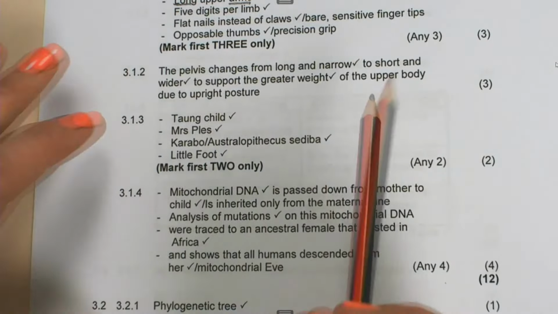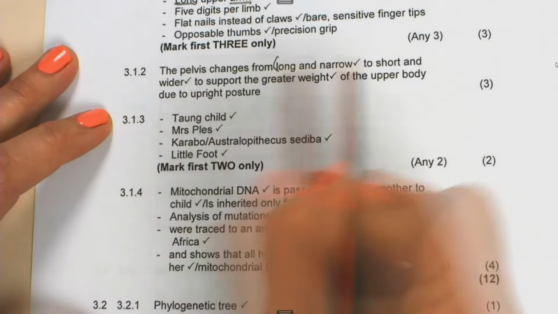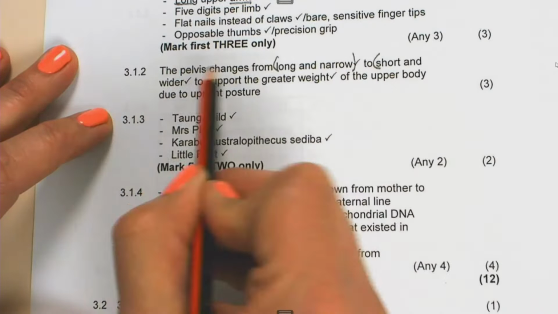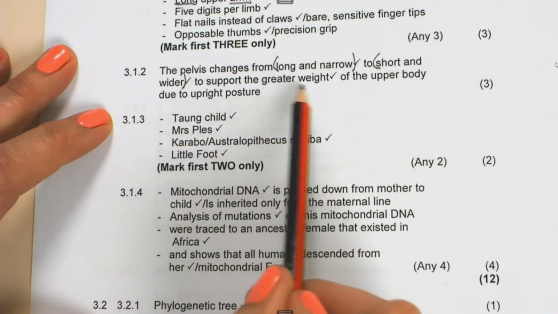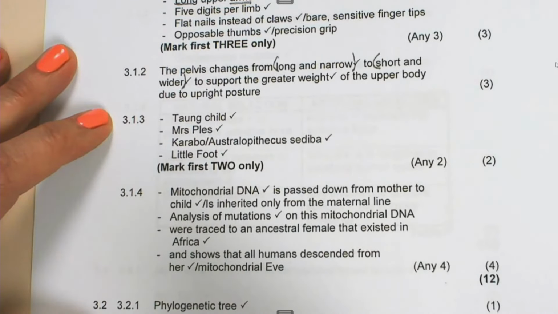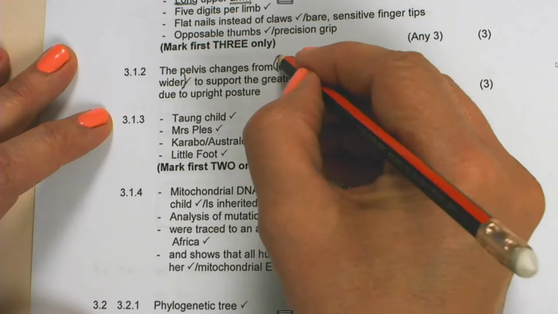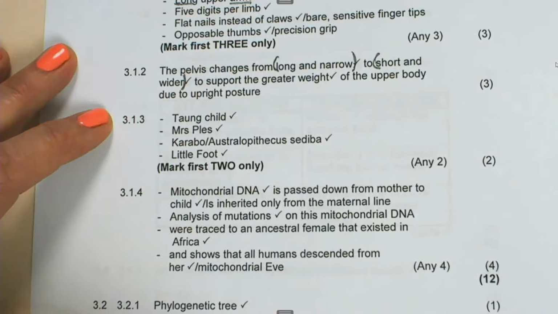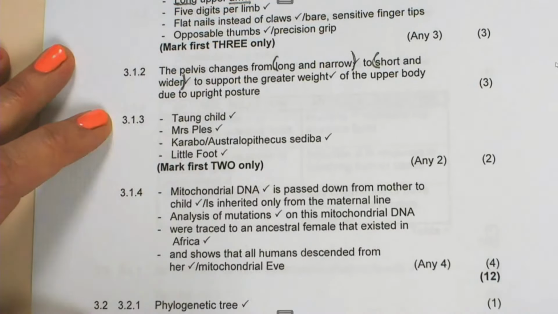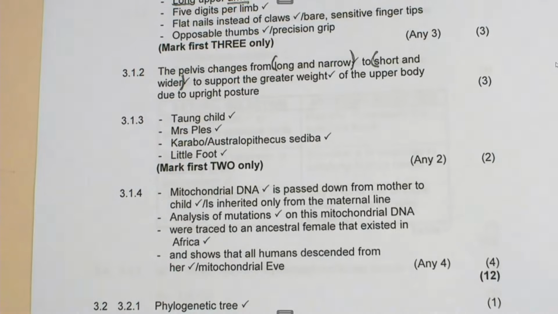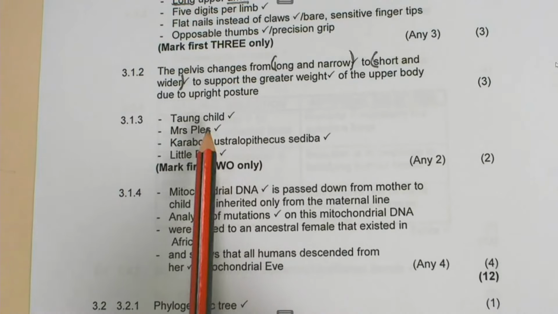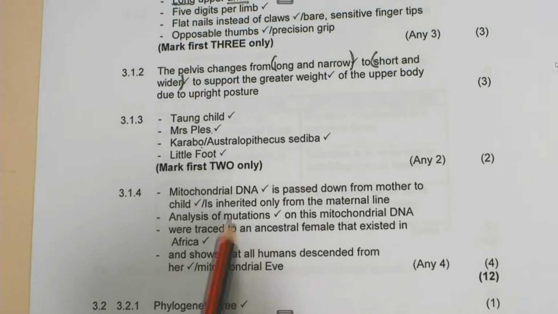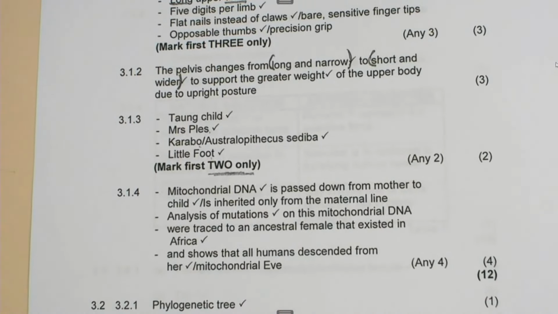The pelvis changed from long and narrow to short and wide to support greater weight of the upper body. But long and narrow must be there. Short and wider must also be there. 3.1.3, 2 Australopithecus fossils that were found in Africa are the Taung child, Mrs. Ples, Karabo, and Little Foot. And we mark the first 2 only.